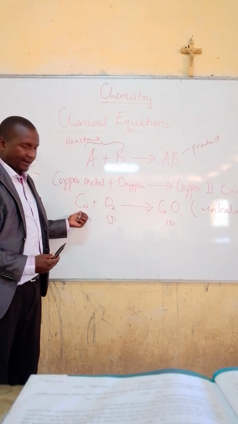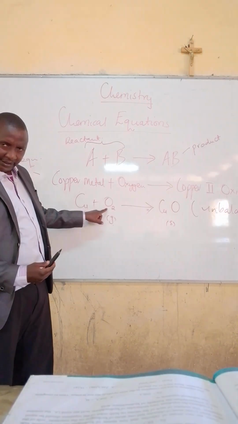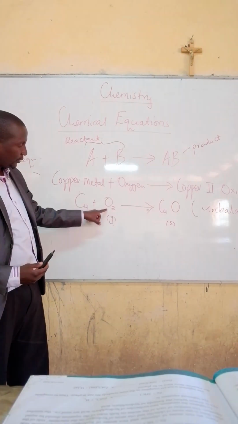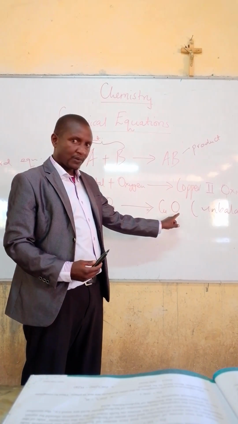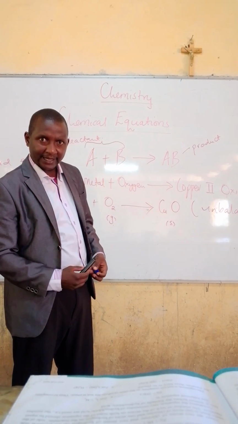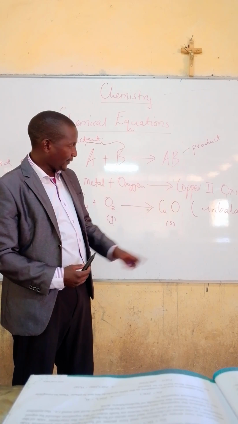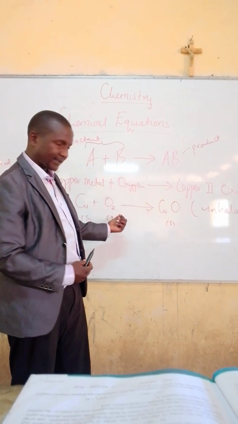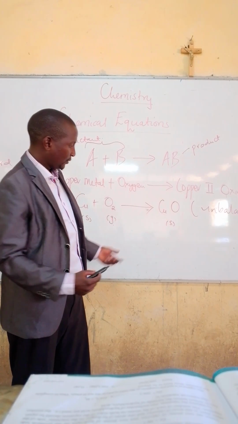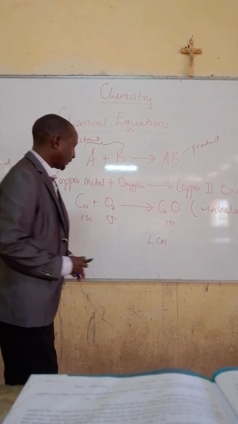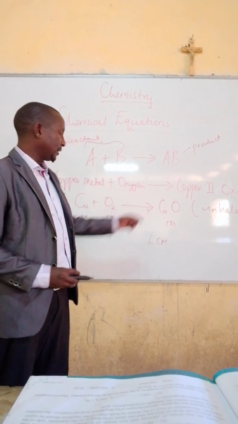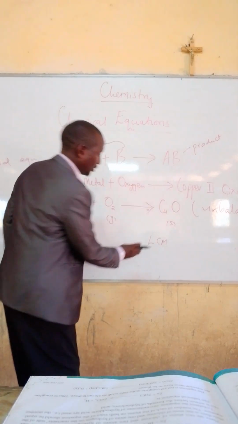It's only 1 copper. There are 2 oxygen on the reactant side. If you come to the product side, it's one copper and one oxygen. So oxygen is not balanced. There are fewer oxygen here than on this side. So how do you balance? You look for the LCM. For 1 and 2, the least common multiple is 2.